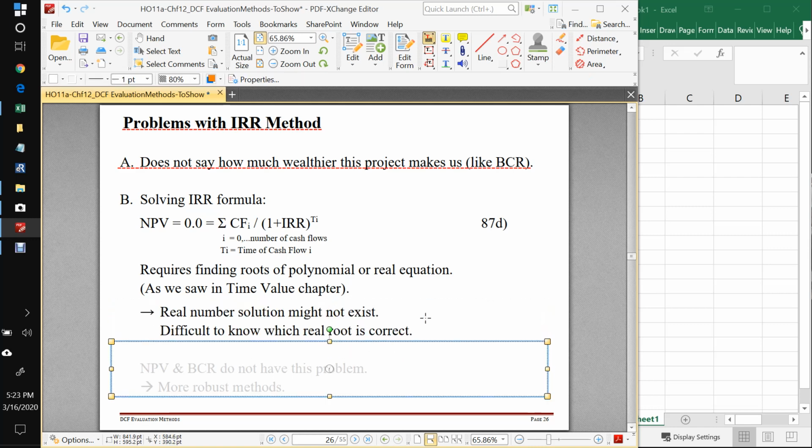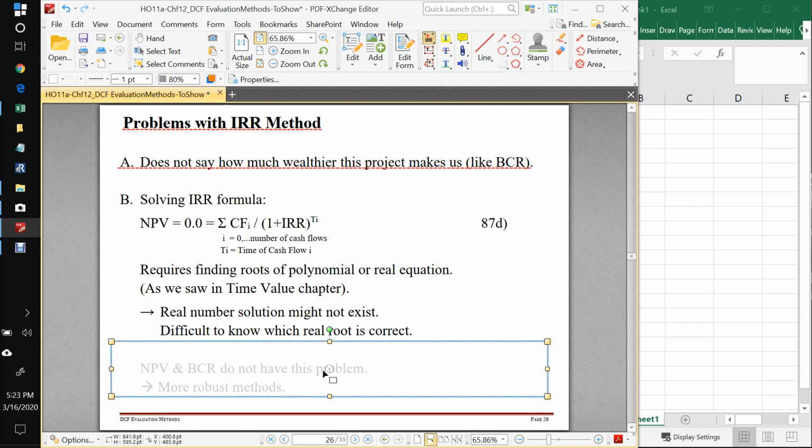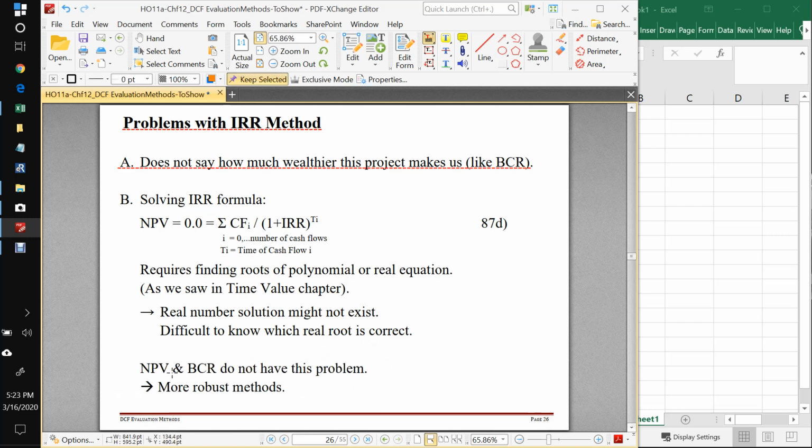But the problem here is there might not be a real number solution that exists, and there's going to be more than one root. When we find the roots of a polynomial, there's more than one root, and we don't know which real root is correct. So neither NPV nor BCR have this problem, so they're definitely more robust methods than the IRR method.